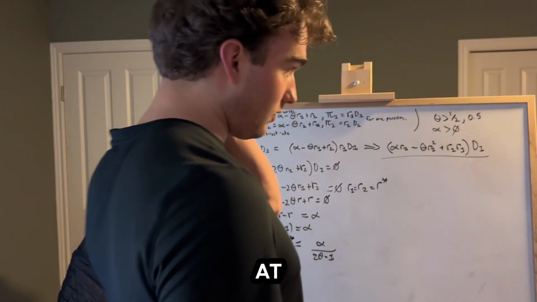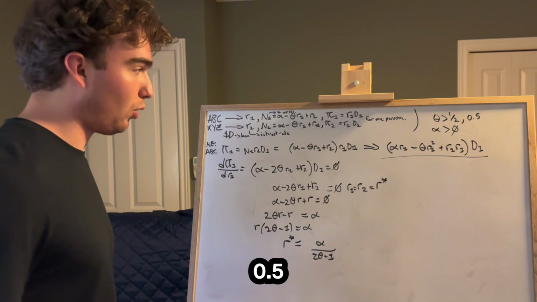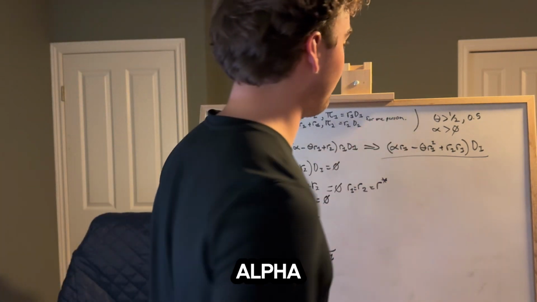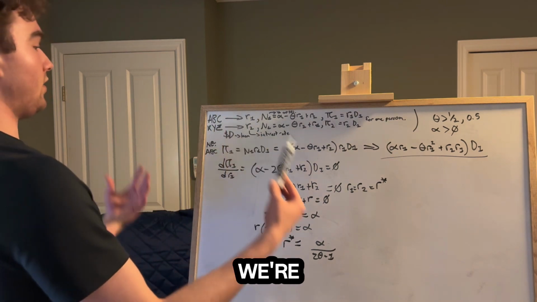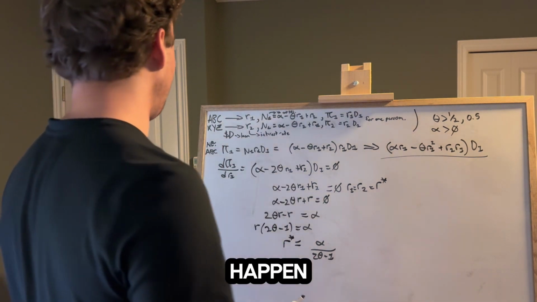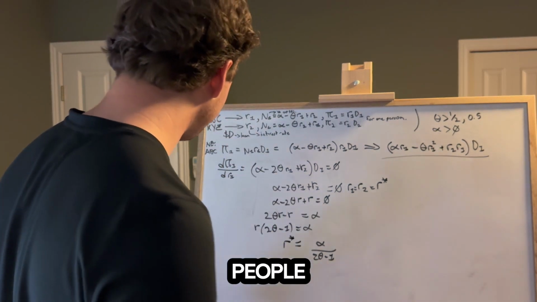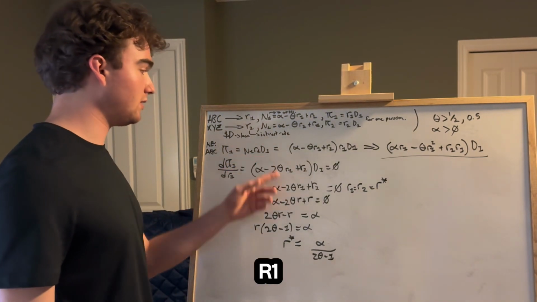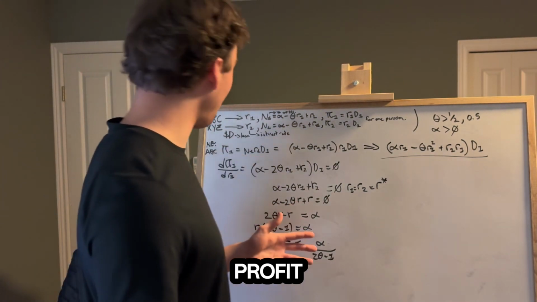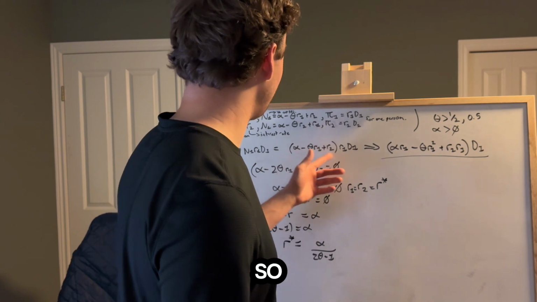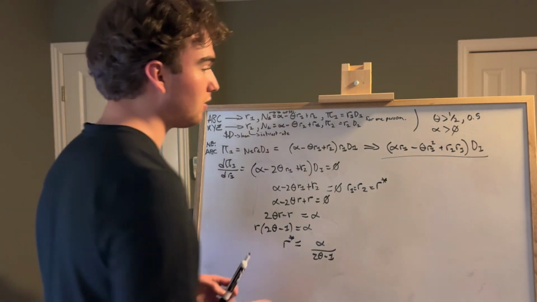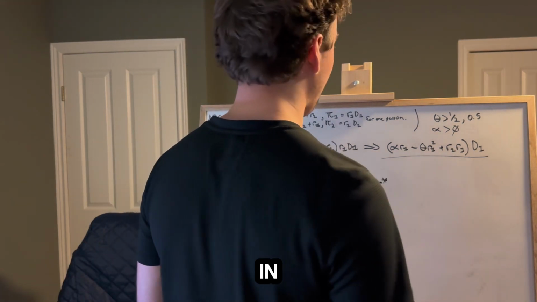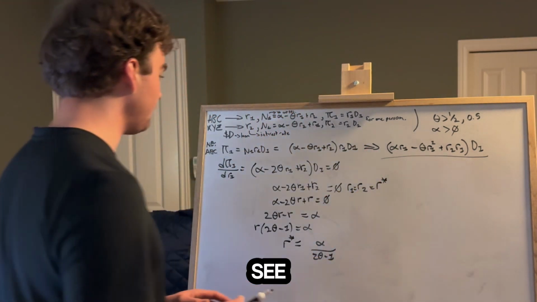Theta is larger than 0.5 and alpha is larger than 0. So when we're interested in seeing what would happen if there were N1 people, then it's N1 times R1 times D1. That's your new profit function. And so we know that N1 equals alpha less theta times (R1 plus R2). So I just factored in R1, so it's really easy to see.